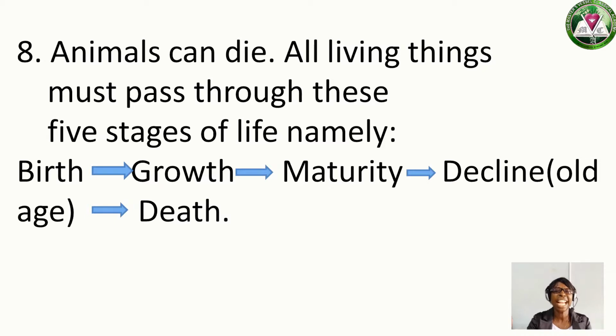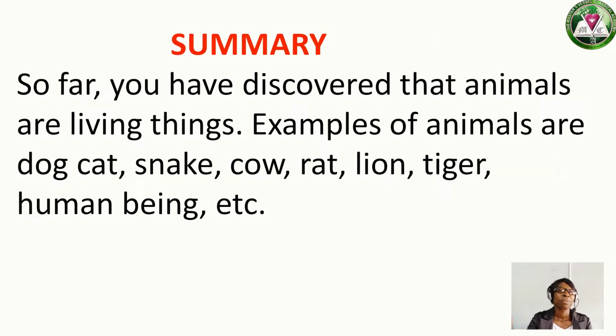Remember the 5 stages of life that we must pass through as a living thing: birth, growth, maturity, decline, that is old age, and finally death. In summary, so far, you have discovered that animals are living things.